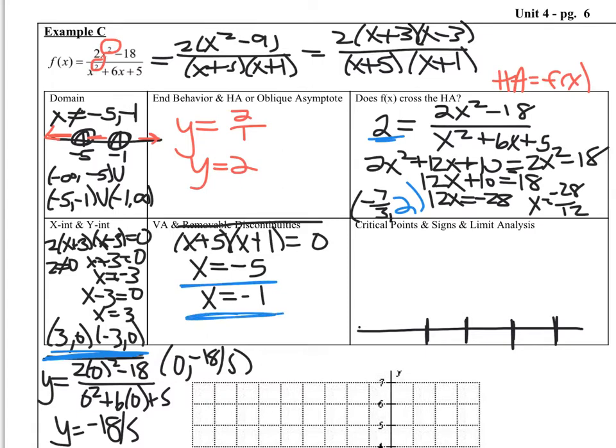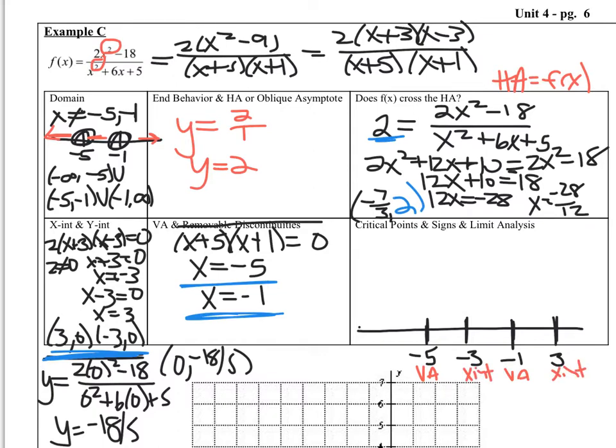Now this is a number line. You need to make sure they're in order. So that would be negative 5, negative 3, negative 1, positive 3. Let's label what those are. So negative 5, negative 1 are vertical asymptotes, and then these are x-intercepts.